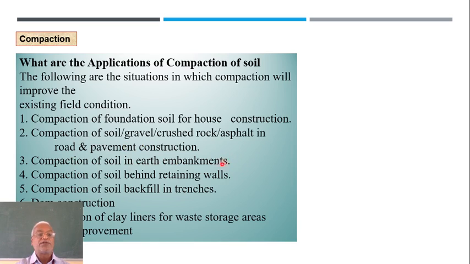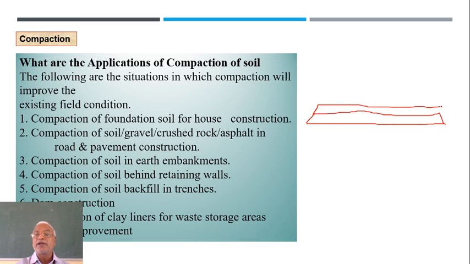When you want to construct earthen embankments, obviously a lot of soil will be dumped, and then it will be compacted. Once the thickness of the layer comes to less than half, then some more soil is laid, and then again it is compacted. Like that, you go on adding layer by layer and compacting.